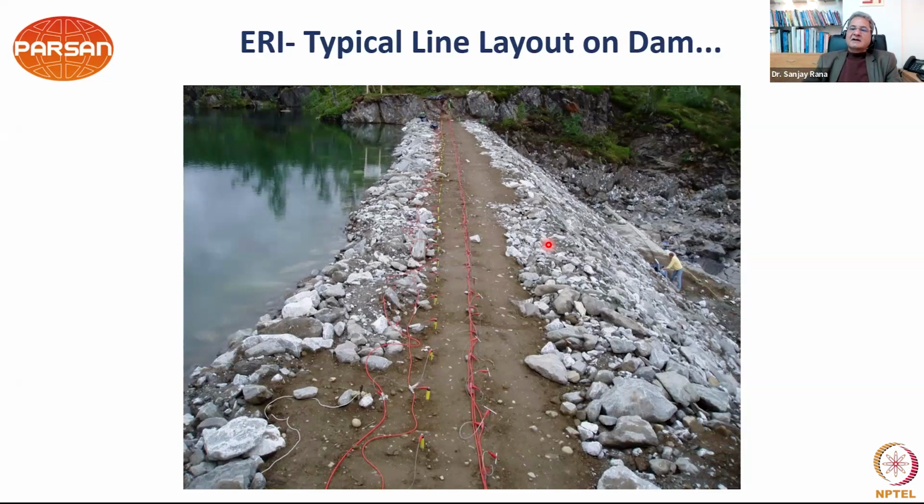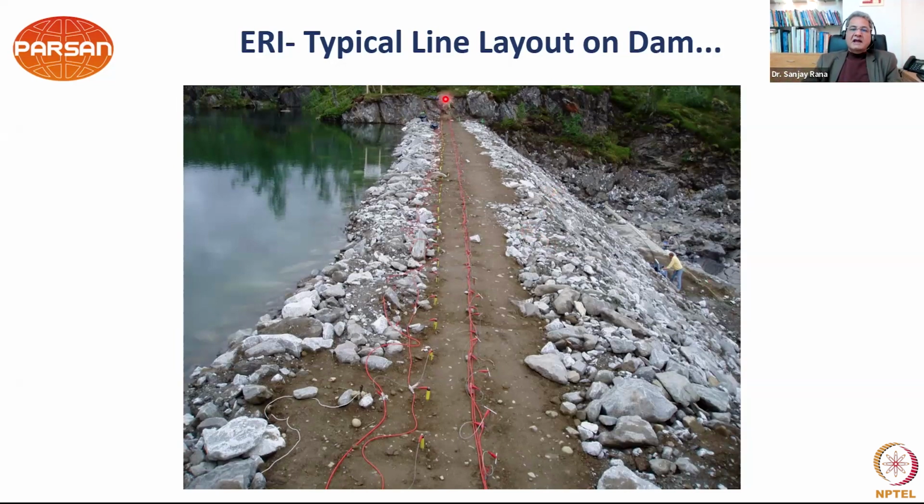That is the basic fundamental of the electrical resistivity method. Here, what is different in electrical resistivity imaging is that rather than using just 4 electrodes, we are using multiple electrodes, and we are doing profiling and sounding at the same time. So in a way, you are getting a 2D or 3D section of the subsurface.